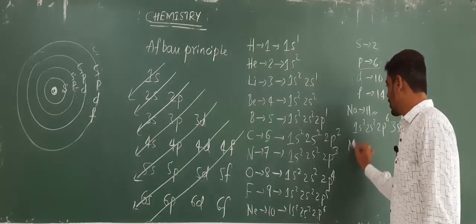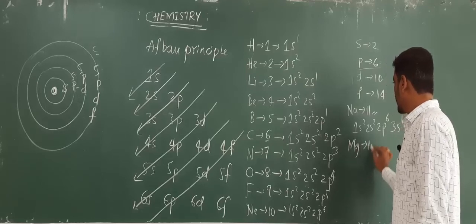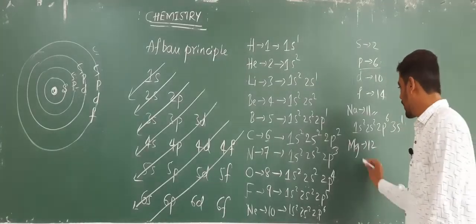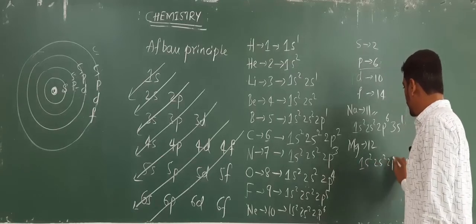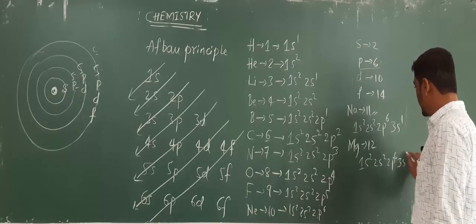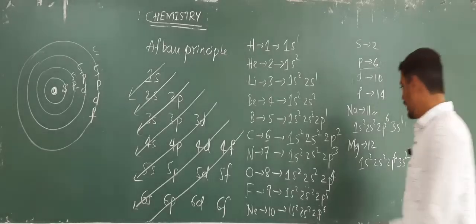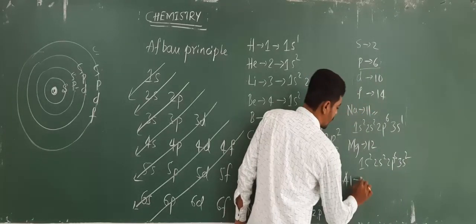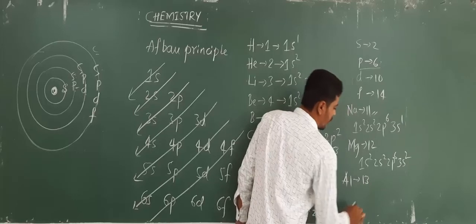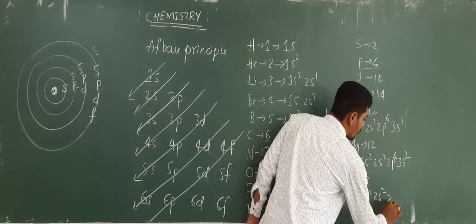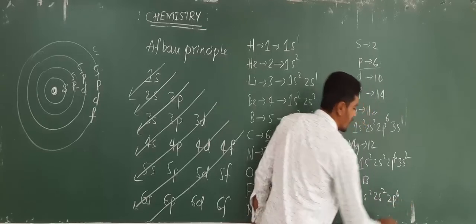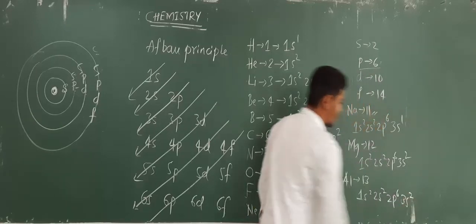Then next, magnesium. Atomic number is 12. How do you write the electronic configuration? 1s2, 2s2, 2p6, 3s2. Then aluminium. Atomic number is 13. How do you write? 1s2, 2s2, 2p6, 3s2.